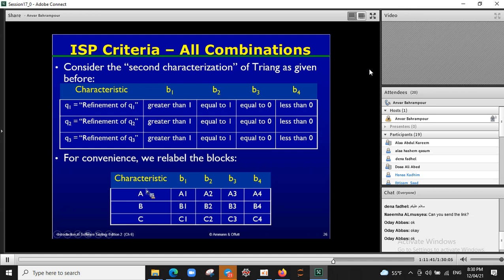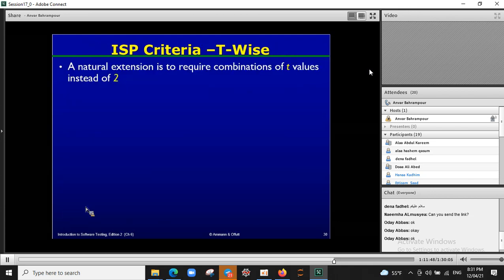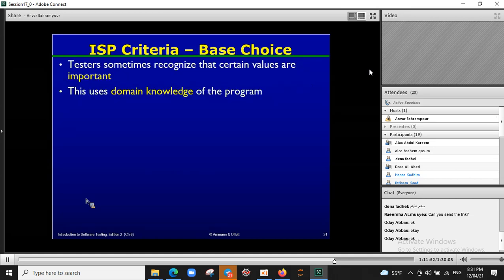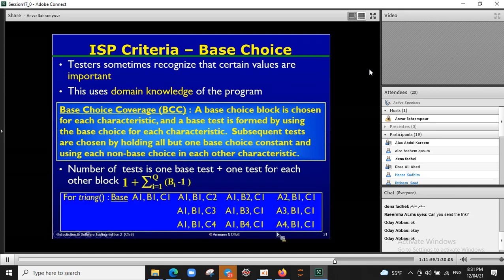Base choice. So when we define this combination as our base choice for the triangle example, we could define some other tests according to it.